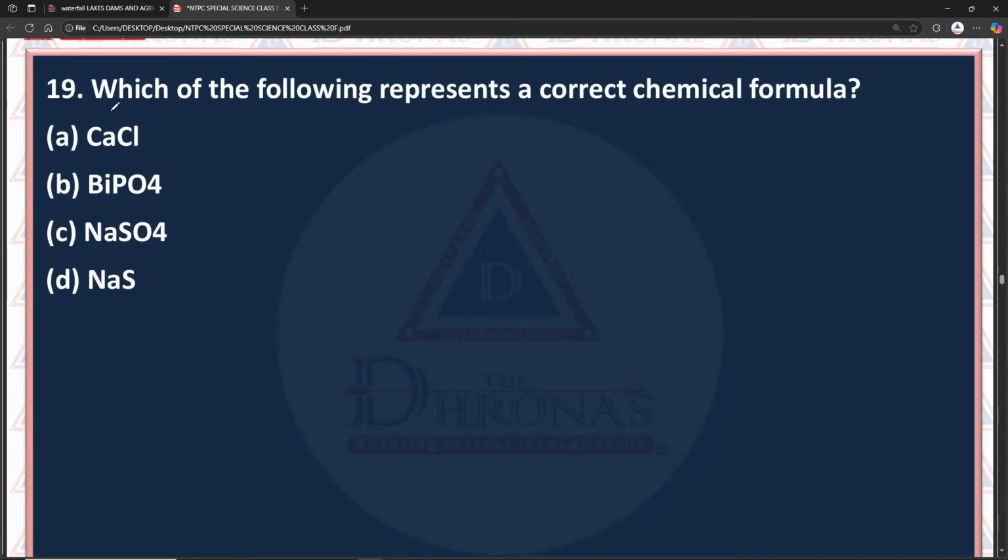Now question number 19. Which of the following represents a correct chemical formula? Now किसी भी केमिकल फॉर्मूला को करेक्ट या इनकरेक्ट है ये पहचानने के लिए आपको क्या करना पड़ेगा? You need to understand the valency of the elements. Option C, NaSO4, no, not NaSO4. This should actually be Na2SO4.